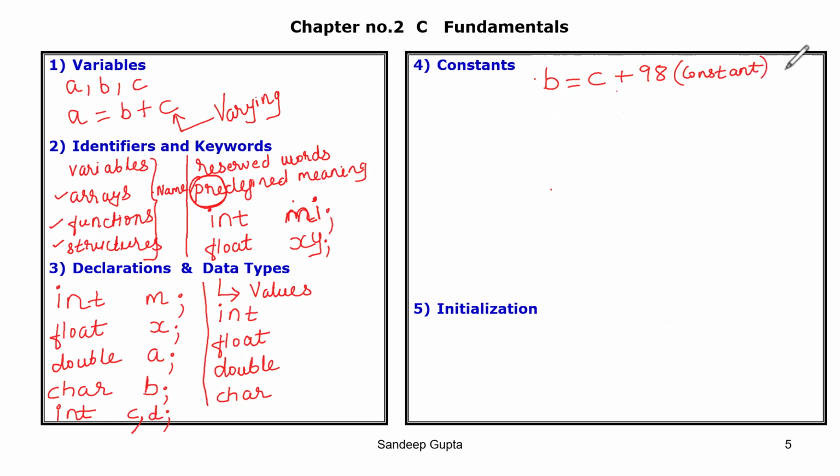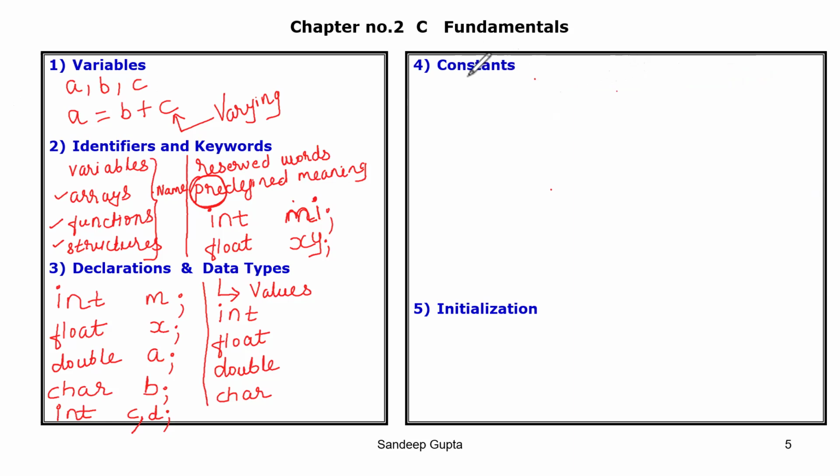A constant is that program element whose value will never change. I repeat, a constant is that program element whose value will never change. On the other hand, variables will keep on changing in value. Now, constants are of 4 types. You already know them in some way. So, listen to this very carefully.